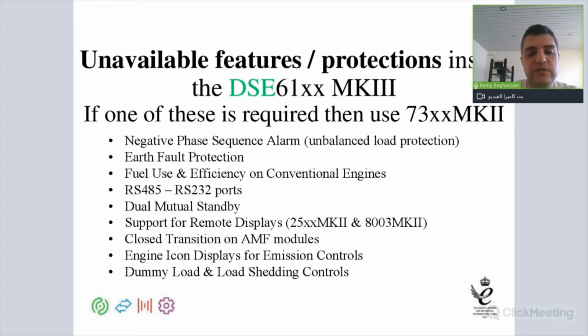So whenever you need these features, you go to the 73 Mark II or 74 Mark II. By the way, some of the features can be applied using the internal PLC, but it will not provide the right functionality as required, whereas the 73 has them, it provides them nicely.